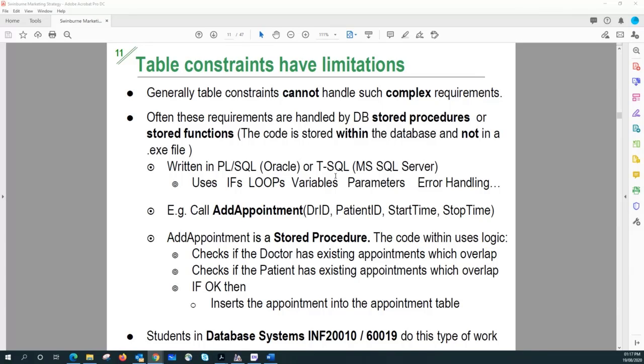Okay, so in PLSQL, the programming language of SQL in Oracle database management systems, we can write a stored procedure.